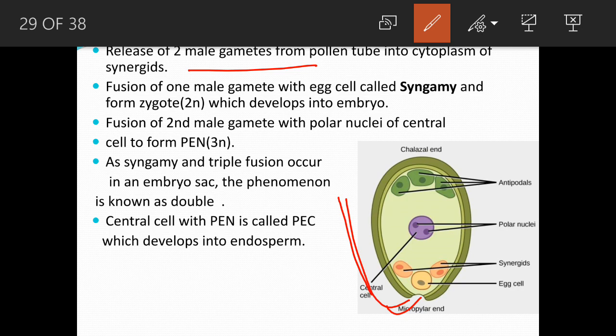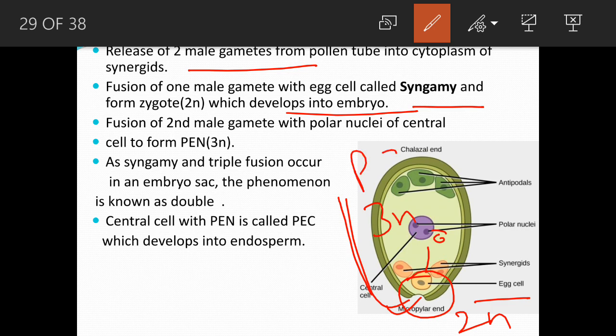Fusion of one male gamete with the egg is called syngamy, and it forms the zygote, which becomes diploid, and it will form the embryo. Fusion of the second male gamete will be with the polar nuclei of the central cell to form a 3N structure, that is known as PEN, primary endosperm nucleus.